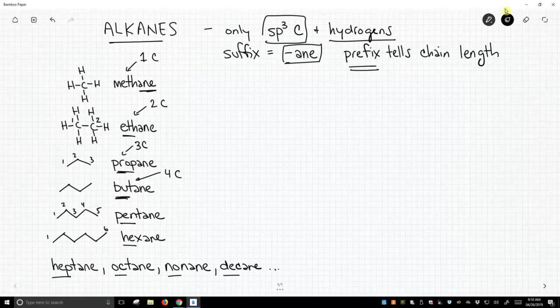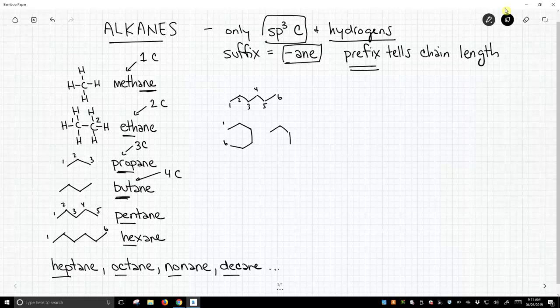Now, normally the name is based on the longest continuous chain of carbons. So I've already drawn it to the left, but this is hexane. Now hexane can be drawn many different ways. This is also 6 carbons, 1 through 6. That is also hexane.